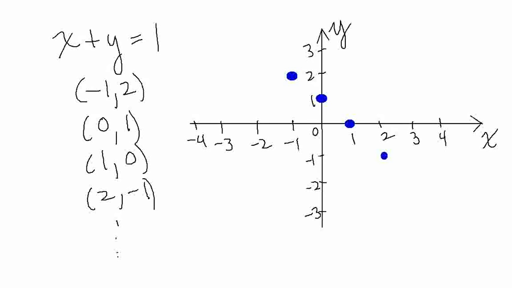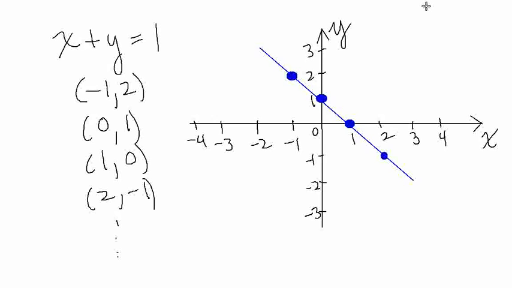And so suppose you kept doing this. Suppose we kept finding more and more solutions and putting more and more dots on our picture. You would notice that all of the dots would lie along that blue line. So this gives us a very nice way to express all the solutions to a linear equation.